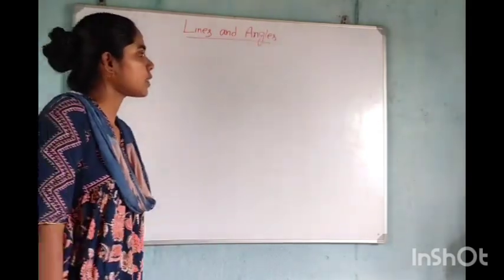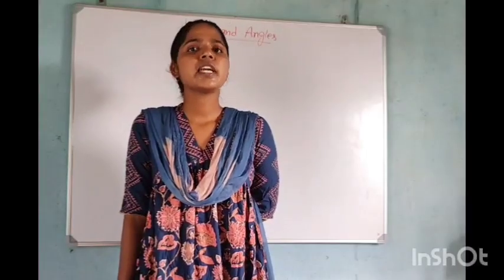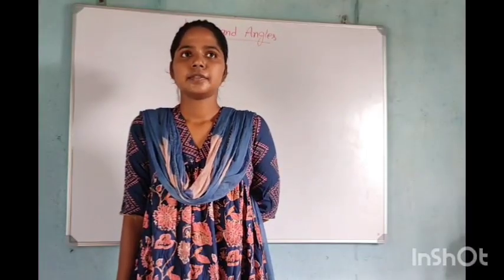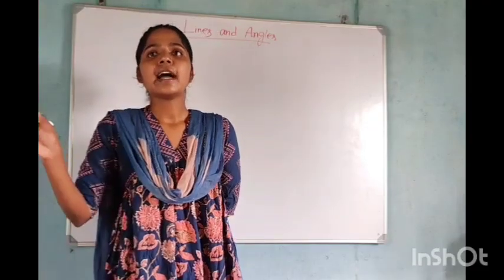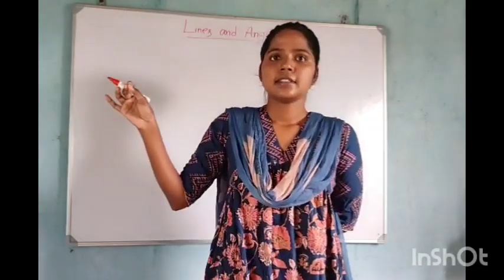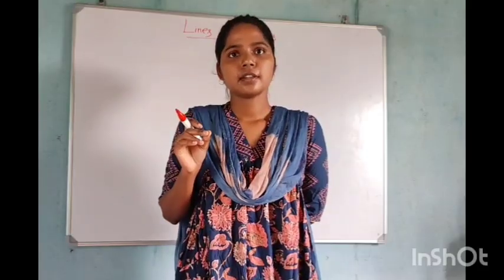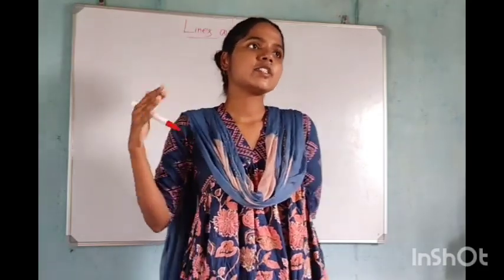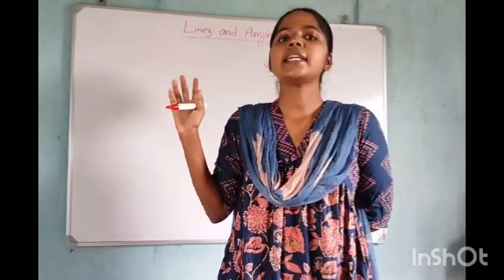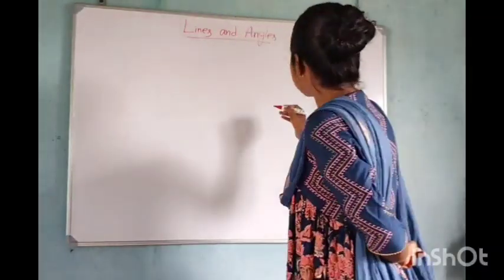Okay. So first, anyone tell me, what is a line? What is the definition of a line? Yes? A line is a set of points, or we can say a line is a geometry which has only length, no width, no height, like this.